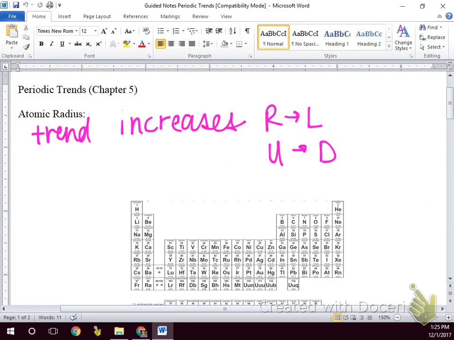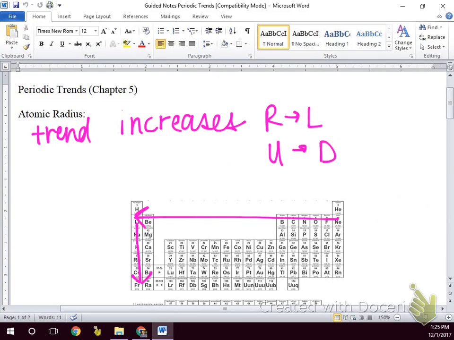Okay, so I'll draw this out. Increases from right to left, and it increases from up to down. Okay, so I always will draw my trends in the direction of the increase. Right, so atomic radius is bigger on the left side of the periodic table and on the bottom side of the periodic table.